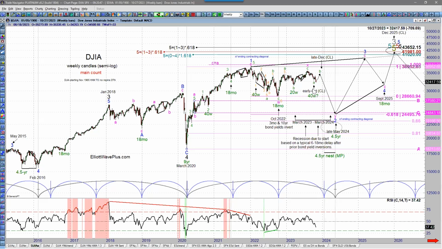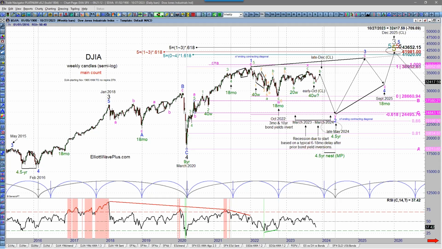And if that was the 40-week cycle, where I've got it marked here in early October, then the next 40-week cycle would take us, because there's two 40-week cycles and an 18-month, probably to that May. And that's the reason why Hurst is saying late May and not early January. We'll get a look at that again here on the daily chart.